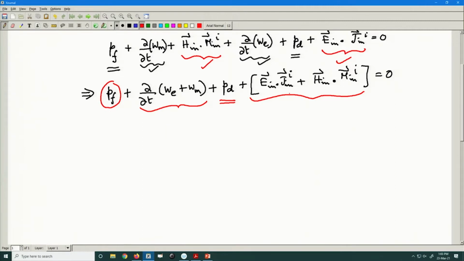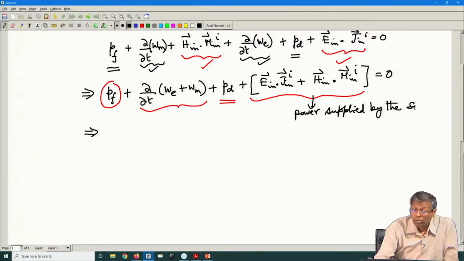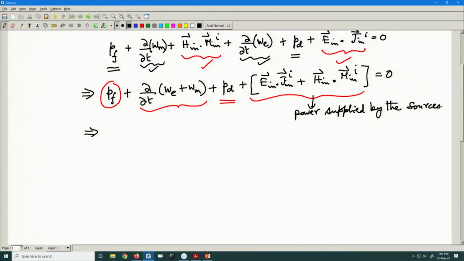So, then what we can do is put that term for the power supplied by the sources. So, this is the power supplied by J in I, E in I dot J in I, the electric source. The power supplied by the magnetic current source will be H in I dot M in I.